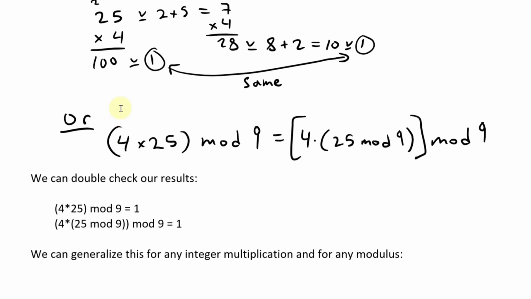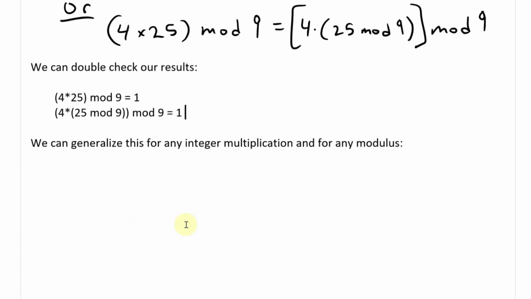And we could double check our results. We just go 4 times 25 mod 9, using the built-in base 10 calculator here. So that equals 1, mod 9, as expected. And then if we go 4 times, bracket, 25 mod 9, close bracket, mod 9, that equals 1. We can actually generalize this for any integer multiplication and for any modulus. So we could write this as a times b mod c.